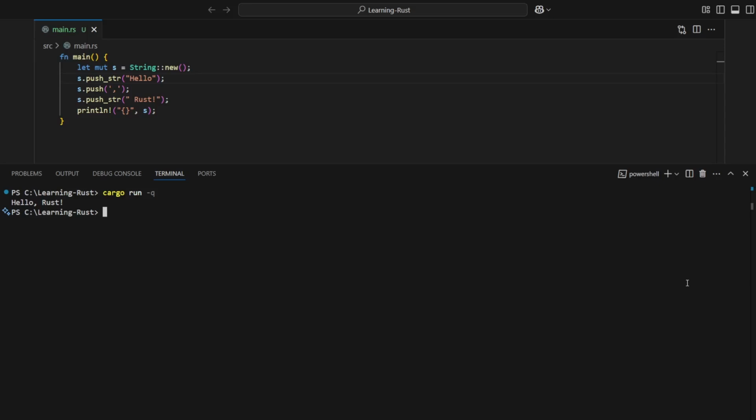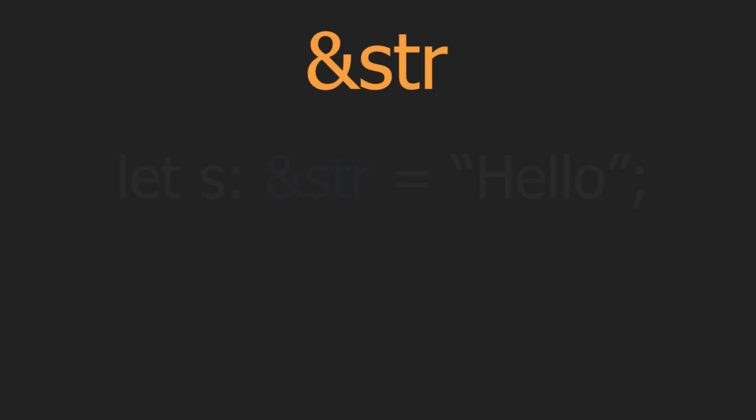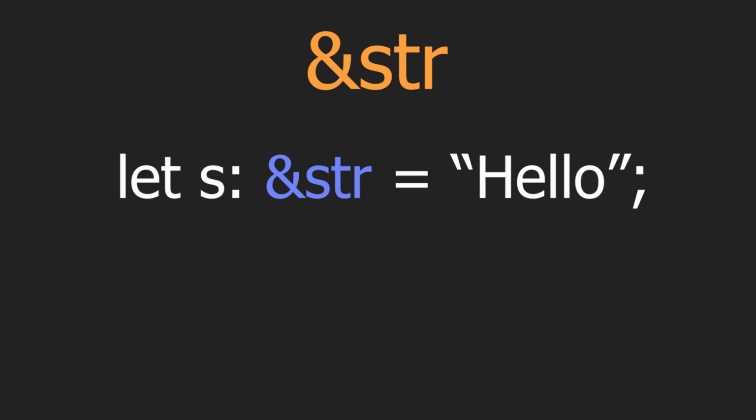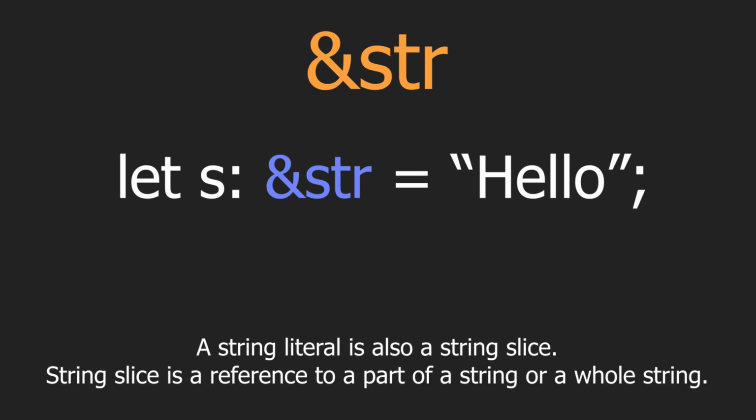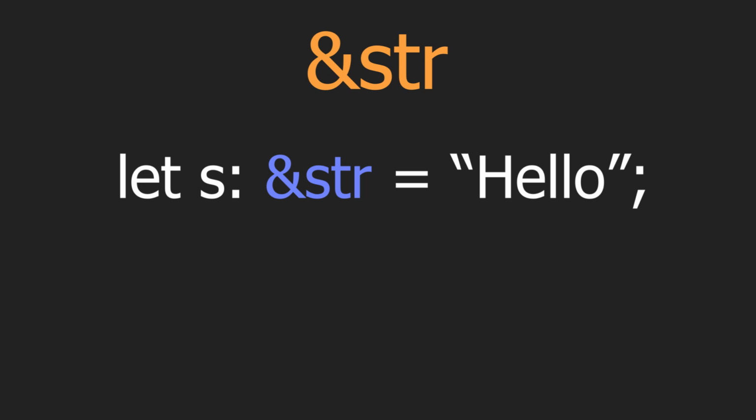Now, let's look at the string slice. In Rust, a string slice is a string value that's hard-coded into the program. It's written using double quotes, just like in many other languages. The key feature is that it is immutable, which means once it's created, you can't change its contents.